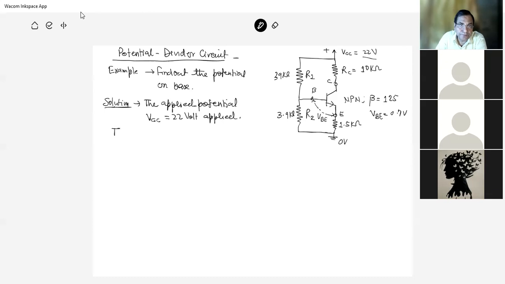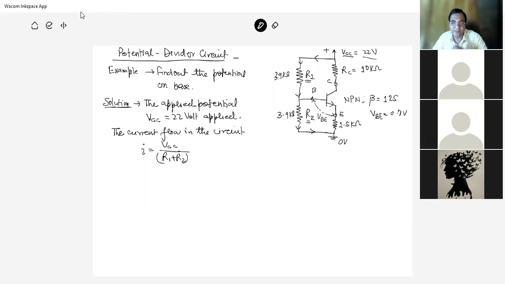The current flow in the circuit, this is the way the current flows. In this way, the current flow is VCC upon R1 plus R2. This is the VCC, ये VCC वोल्ट और ये दो रेजिस्टेंस है, एक R1 रेजिस्टेंस है और एक R2 रेजिस्टेंस, and then it is ground.